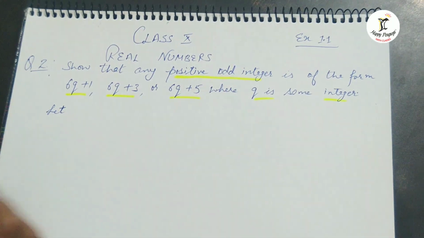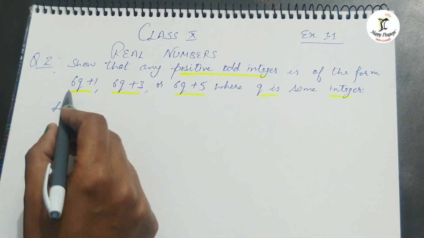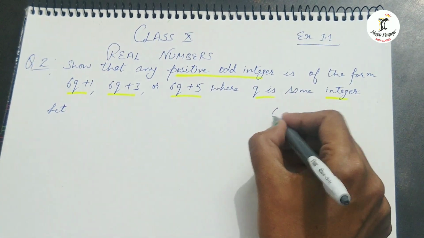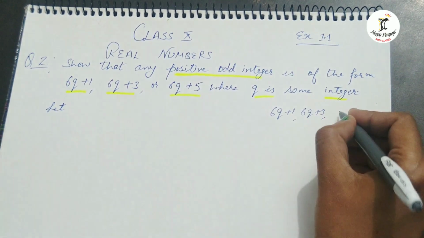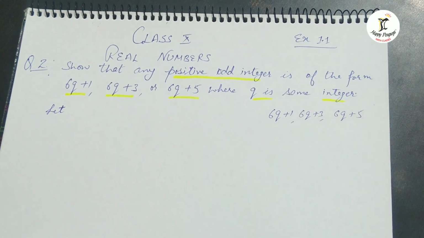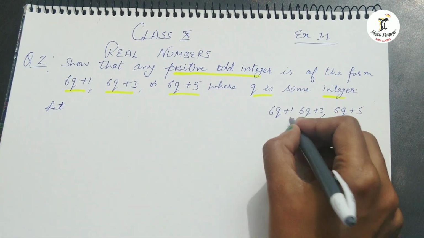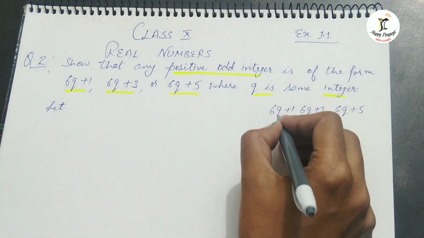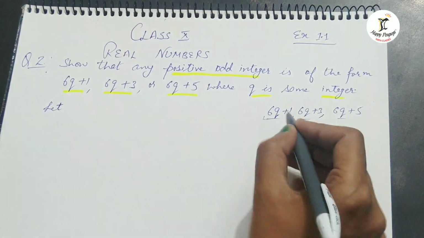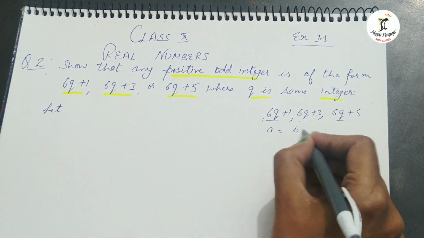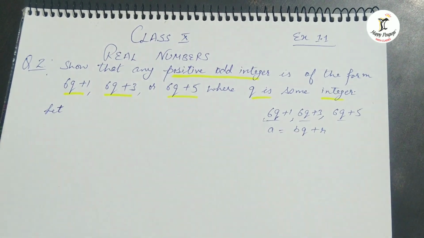Now considering the equation, we have to represent the numbers in the form of 6q plus 1, 6q plus 3, 6q plus 5. If you notice, these numbers are of the form a is equal to bq plus r.